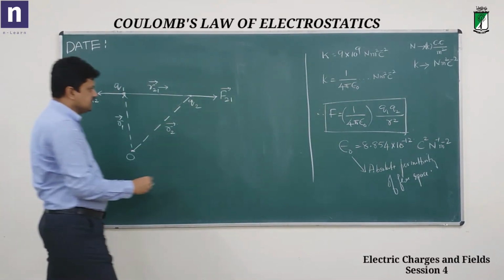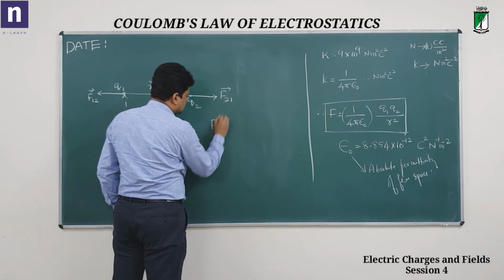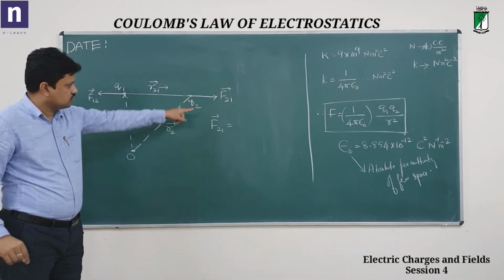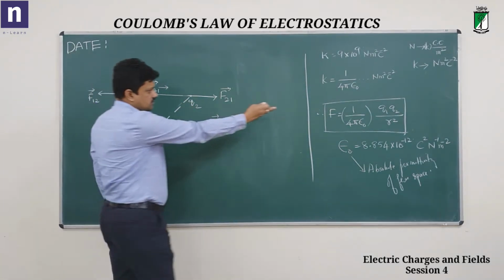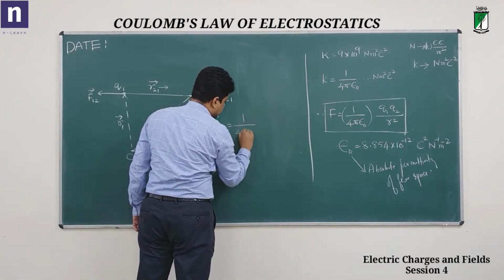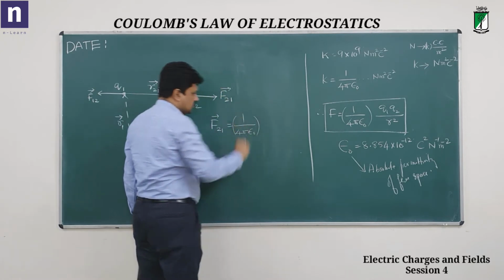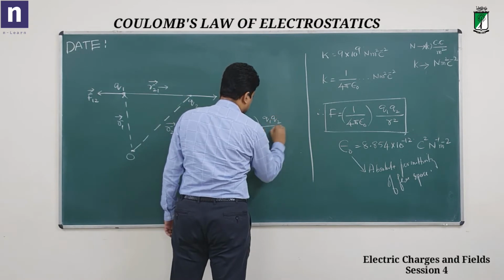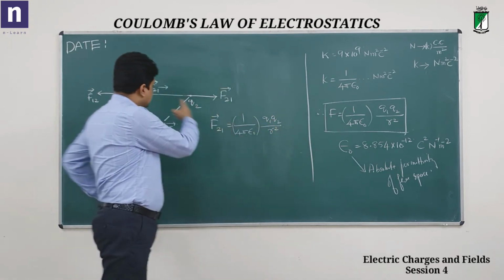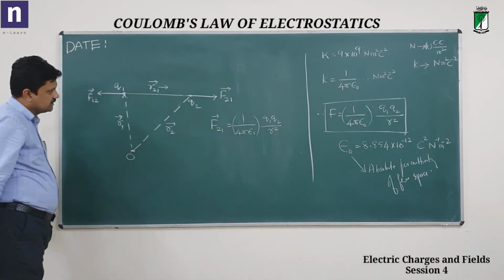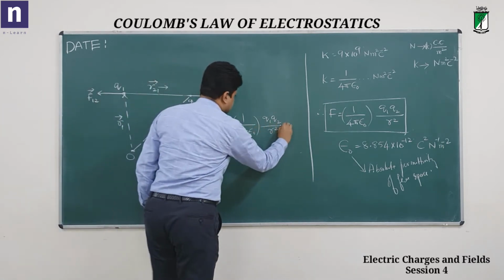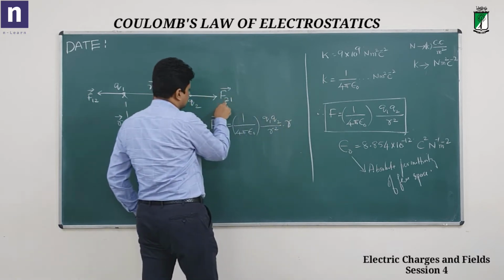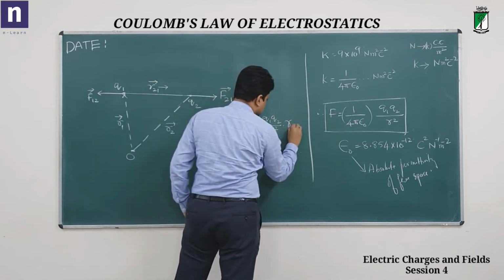Now how do you write the expression for the force here? So F21, the force due to charge 1 on charge 2, is equal to, we have the equation, Coulomb's law, 1 by 4 pi epsilon naught into Q1 Q2 divided by R square, where R is the magnitude of R21, into the direction vector, that is the unit vector. I'll call it R21 cap, the rightward direction.